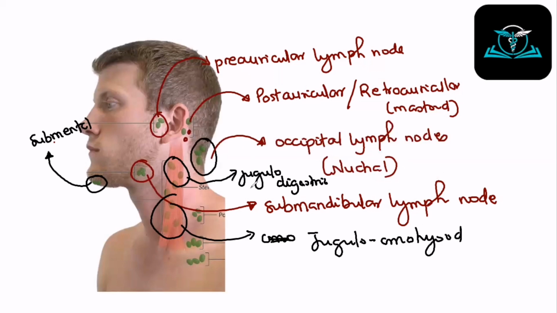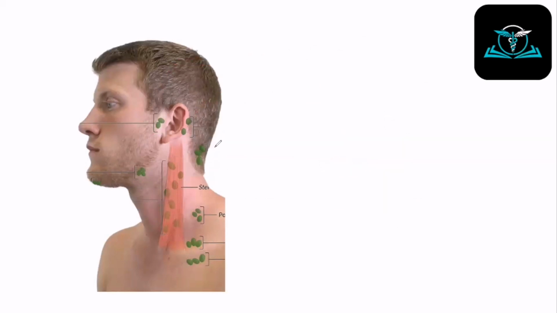So the jugulo-digastric and then the jugulo-omohyoid lymph node. Good. And so let's briefly talk about them.